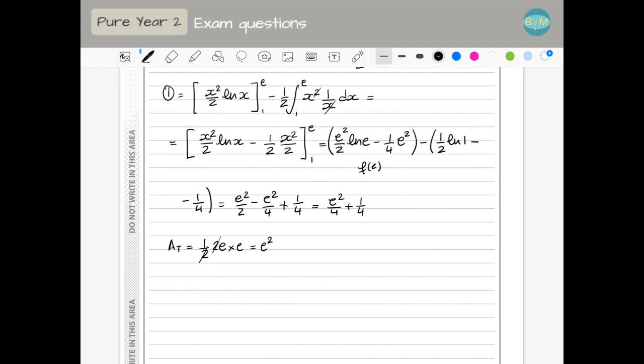So the total area is going to be both of them together. So I have e squared divided by 4 plus 1/4 plus e squared. And this is 5e squared plus 1 divided by 4. Or you can separate as 5/4 of e squared plus 1/4.